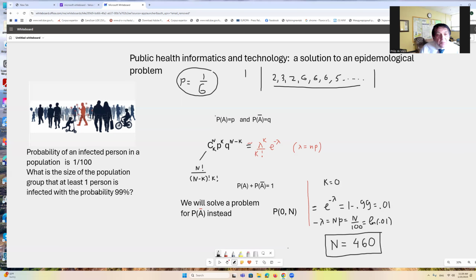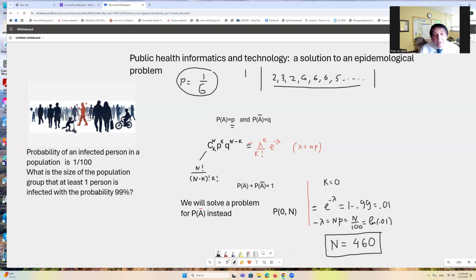It is called probability. We can put it as P small. And P with a bar means that in this group, you won't see this infected person or infected people.